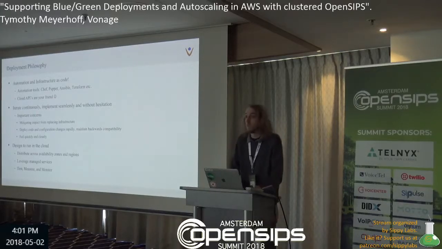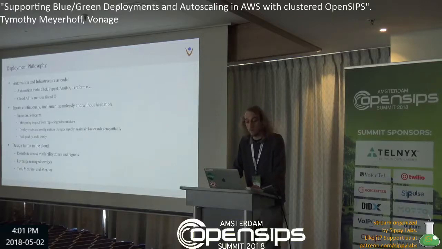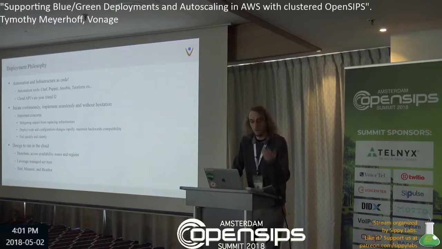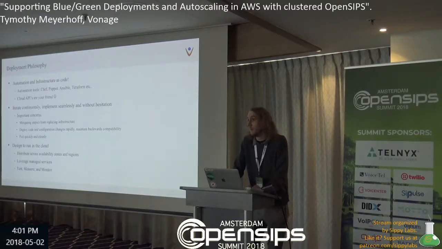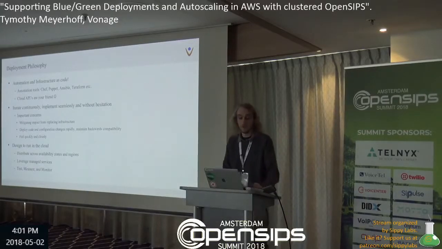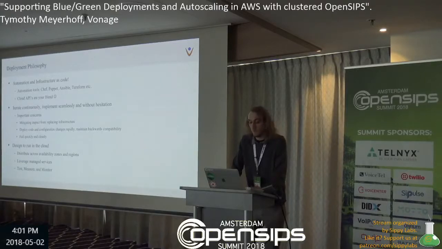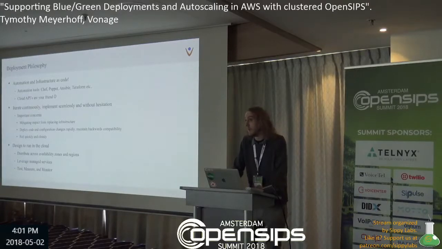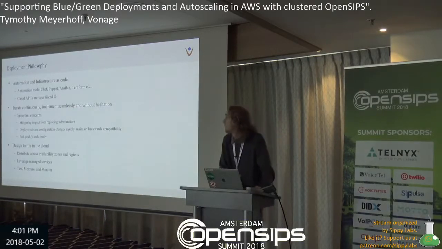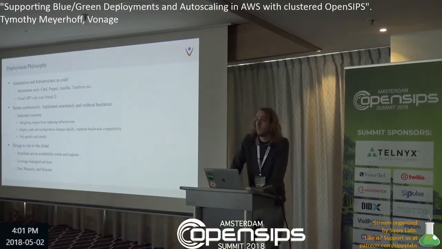Constantly pushing out changes to your network obviously raises important concerns about mitigating impact from replacing your infrastructure, deploying code and configuration, and making sure that you're backwards compatible and that when you do fail, you fail quickly and cleanly. We're designed to run in the cloud, distributed across availability zones and regions, leveraging managed services where we can so we can focus on what's important. And at each step of the way in this automated process, we want to test, measure, and monitor to make sure everything's going as planned.